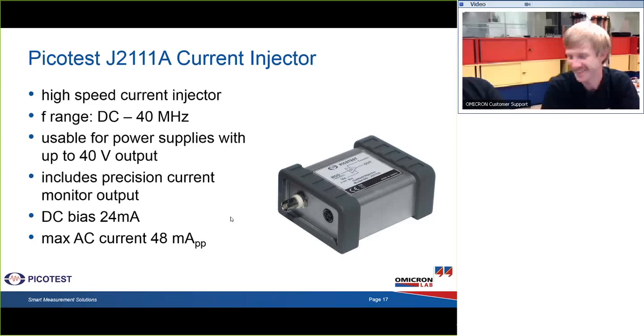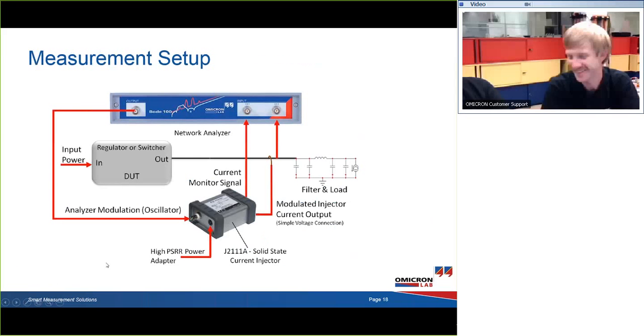So one of the things that I suggest to my customers is that you can insert a small series resistor, and that would reduce the voltage at the current injector by the product of the 24 milliamp bias current and the inserted resistance. So that's a good way to reduce the voltage at the current injector, is to add a series resistance. Okay. Thanks a lot for answering this directly.